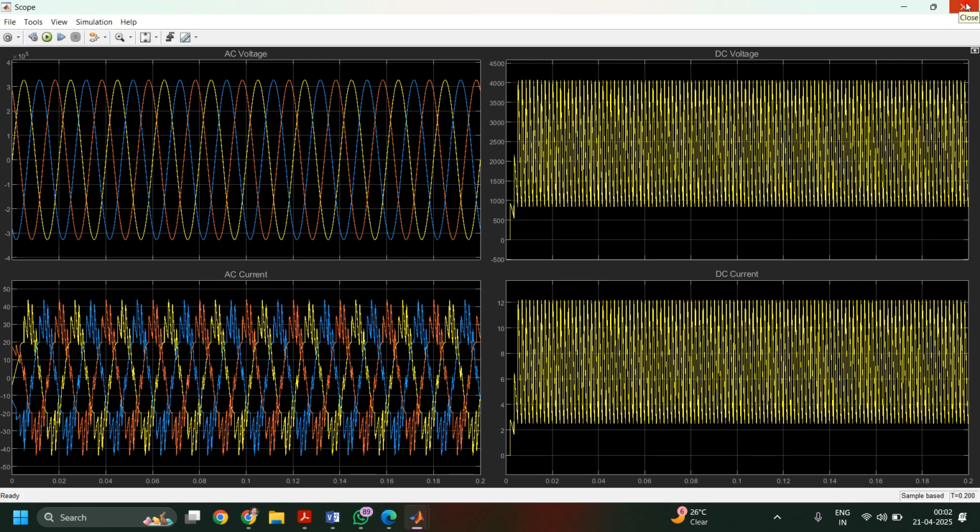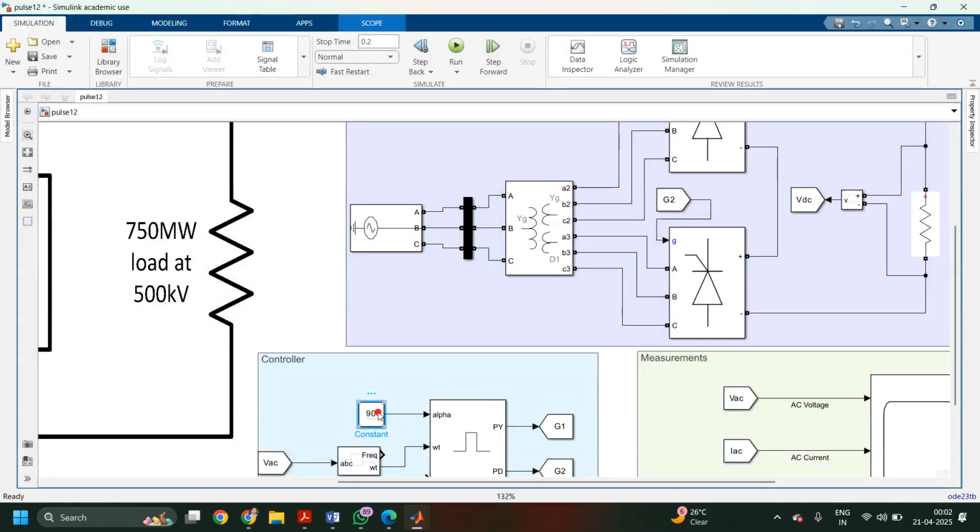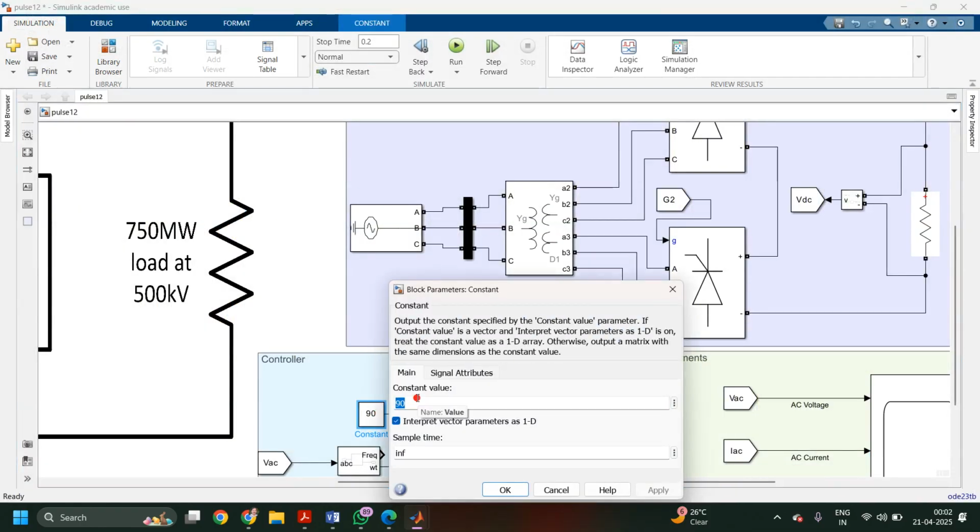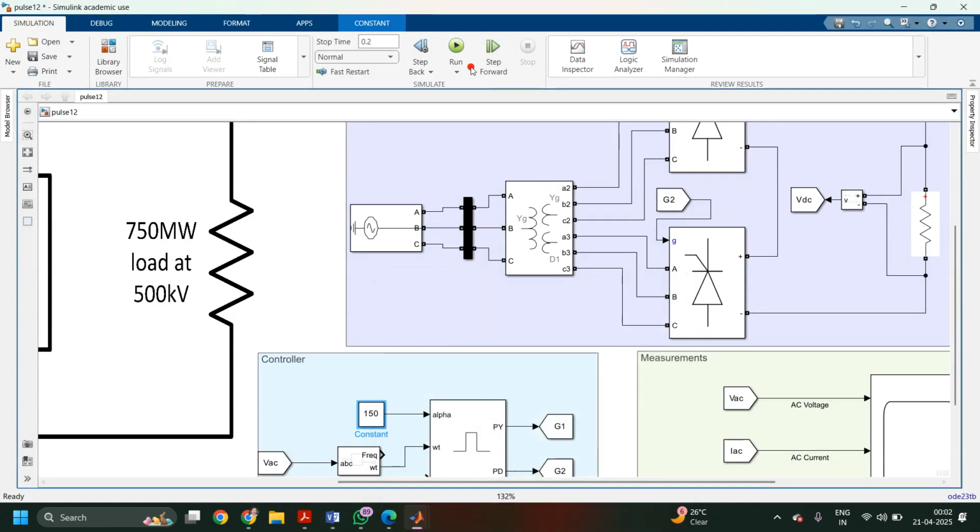Now let us set this to 150 degree and run the simulation.